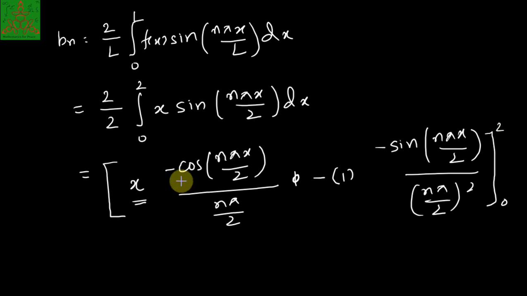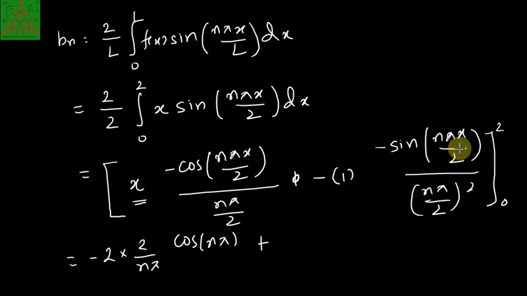When you put 2 here, you will have some quantity, writing this 2 by n pi as this, and this is the minus cos n pi left, because when I substitute 2 here, the 2 will get cancelled. So cos n pi into this quantity is left, and this minus minus becomes plus.